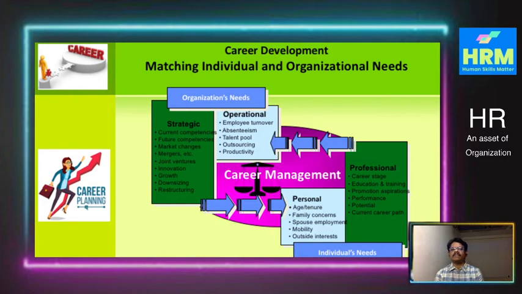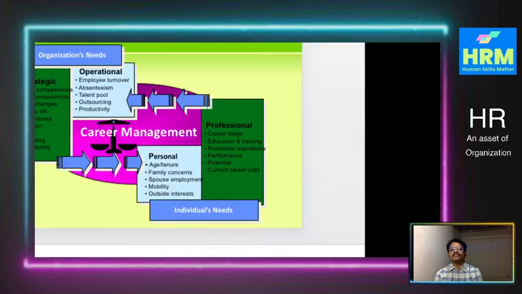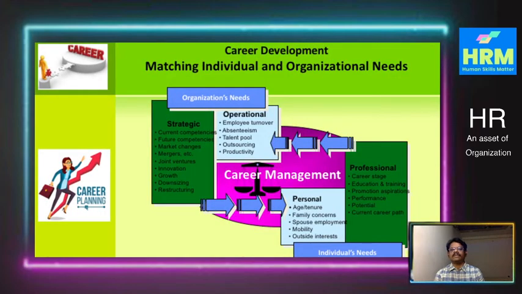So many things happen in organizations when changes are happening at the organizational level. Now how do these organizational level changes influence and affect your job and your career, and your personal choices? You have to see these two, and then accordingly find out your activities in the organization to develop your career further in the changing environment.